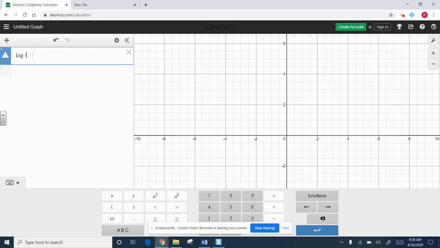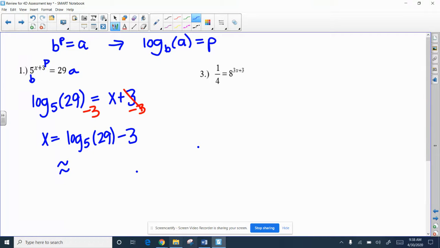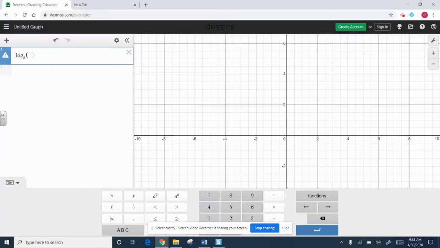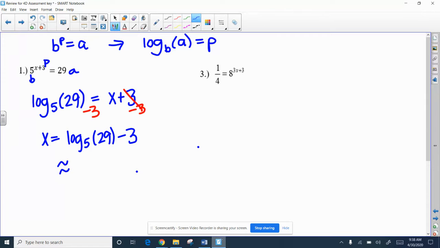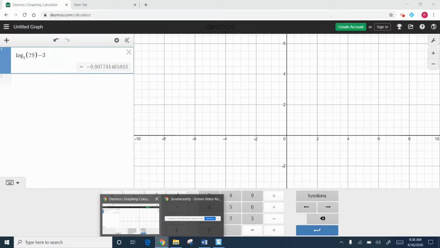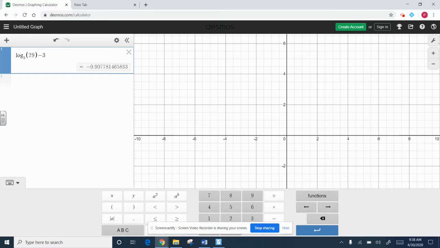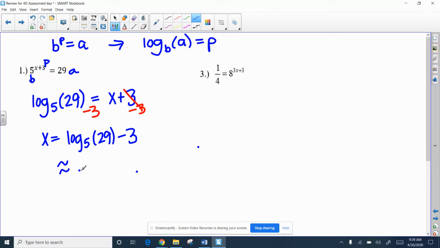So it was log base 5 of 29. And then outside the parentheses, so I'm using the side arrows, minus 3. And we get approximately negative 0.907, or that would round to negative 0.91.